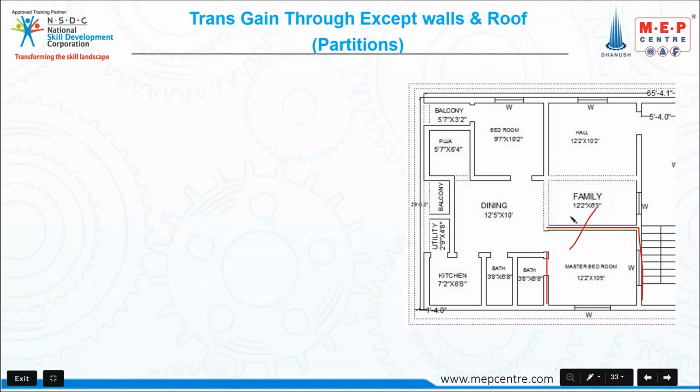This partition will not be considered. Why are we not considering this partition? Because this is between AC space and AC space. Clear? So we only consider this partition and this partition.